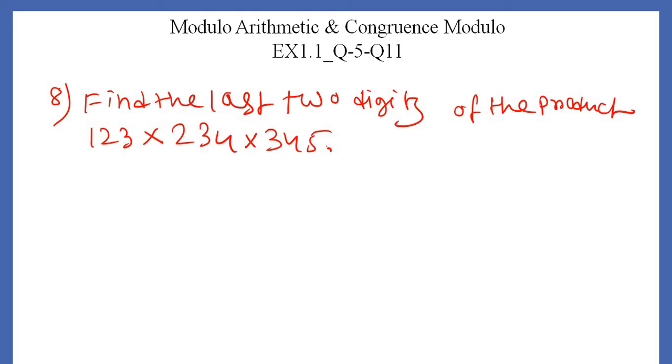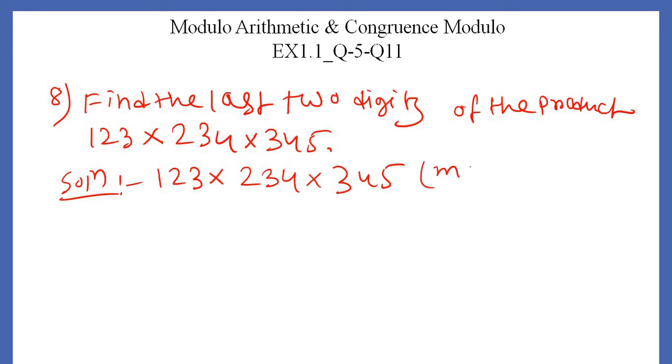Now here you have to find the last two digits. That means you have to find the value of 123 into 234 into 345 mod 100, right?